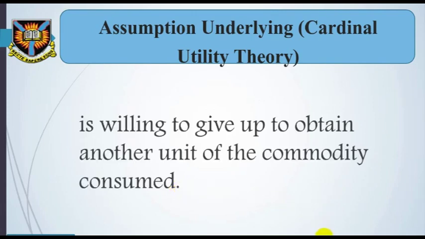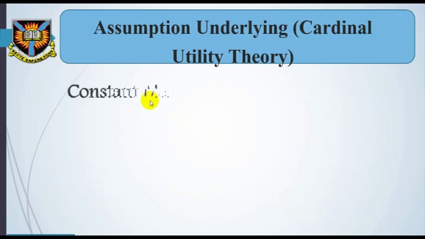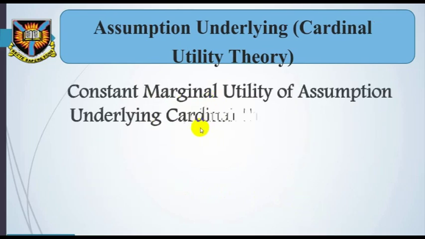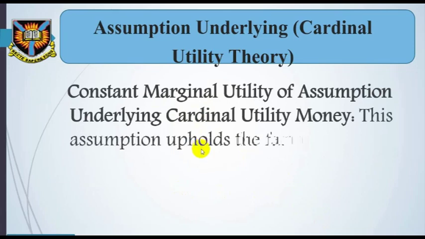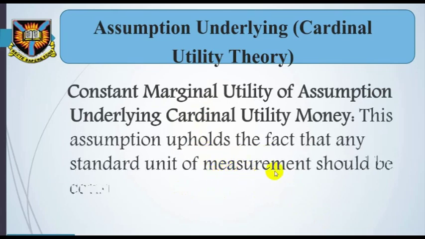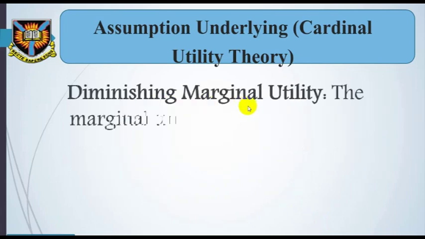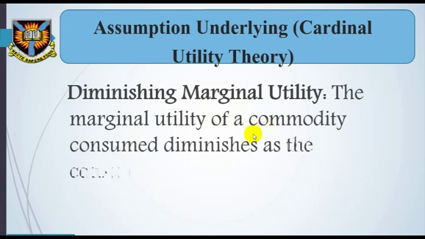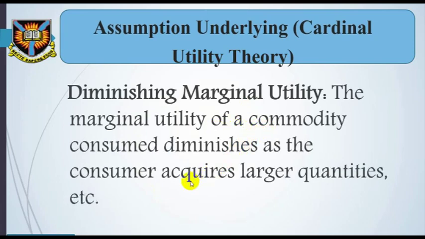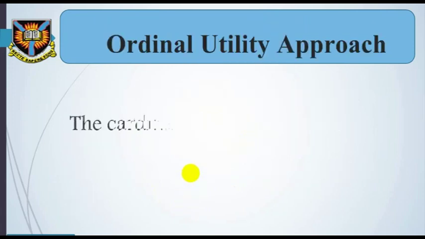3. Constant marginal utility of money. This assumption opposes the fact that any standard unit of measurement should be constant. 4. Diminishing marginal utility. The marginal utility of a commodity consumed diminishes as the consumer acquires larger quantities. 5. Total utility.